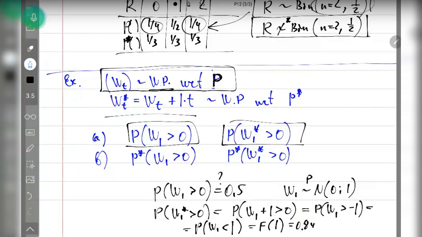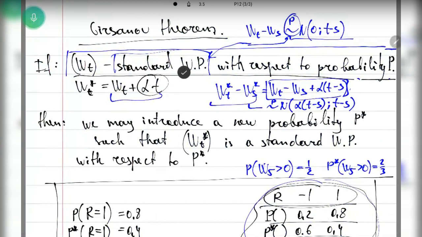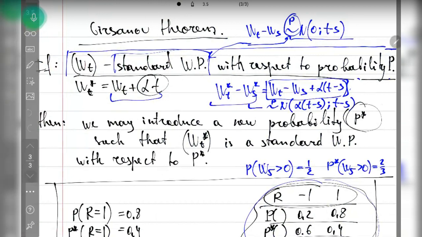It says basically that for any constant alpha, it's possible to introduce this probability measure. To show you some examples that you can't always do this, let's imagine the following example. Let's imagine that you have X that has values 0 and 1, probability 1 over 2, probability 1 over 2.